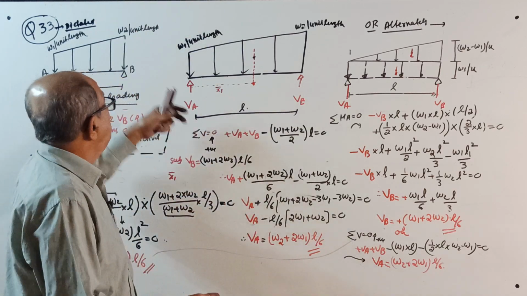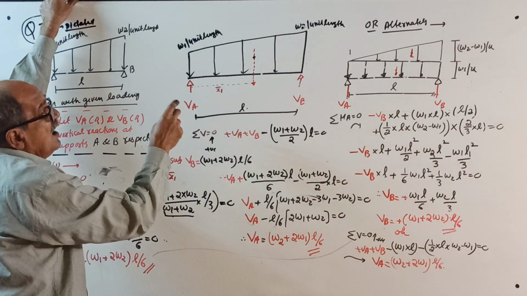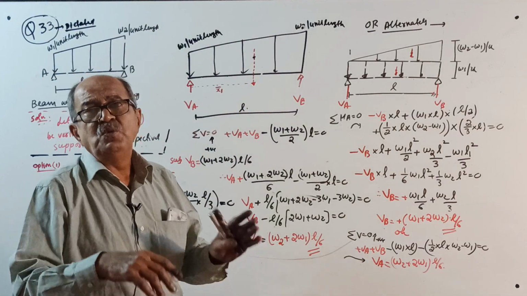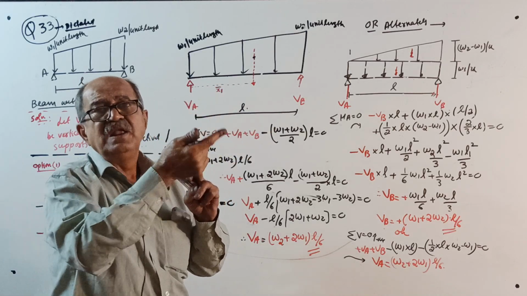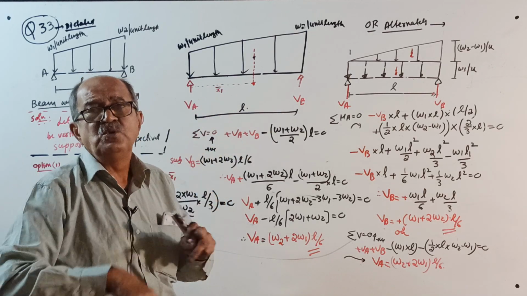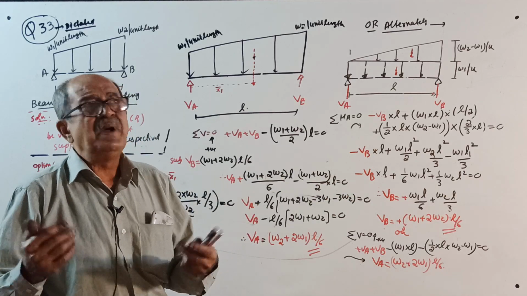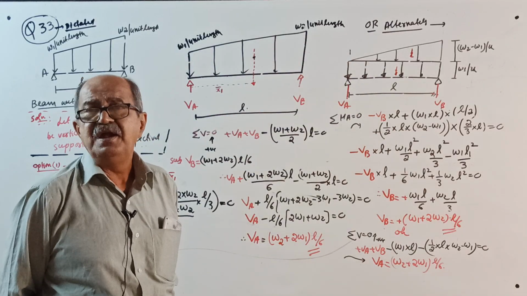When you put the formula W1 plus 2W2, or the area, W1 plus W2 divided by 2 into L, or when you mark the centroid by W1 plus 2W2 divided by W1 plus W2 into the distance divided by 3, it does not matter whether W1 is more or W2 is more. I told earlier, it does not matter.